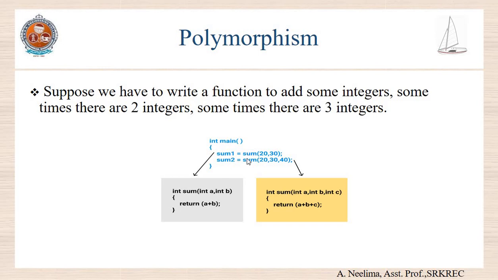So here when sum of 20, 30 is called, that particular function with 2 parameters will be called.